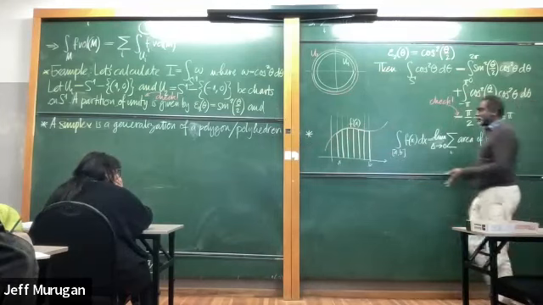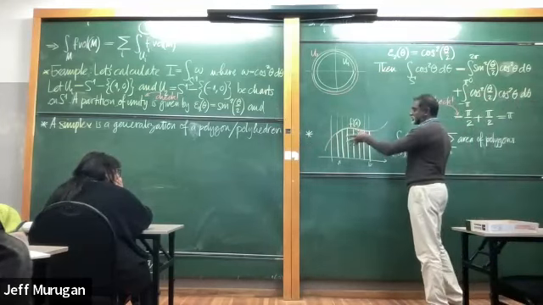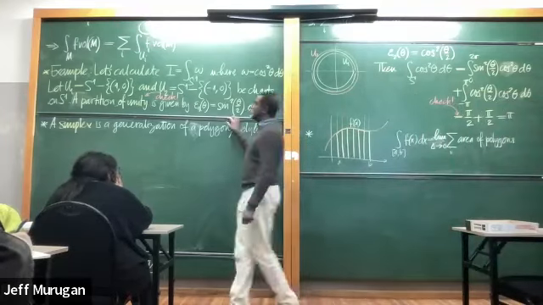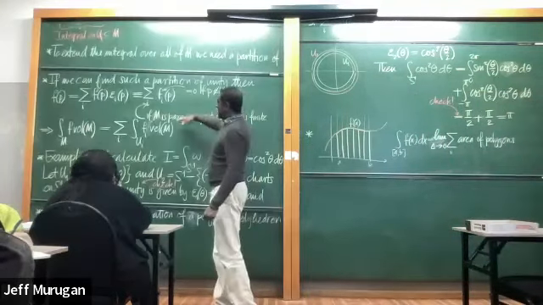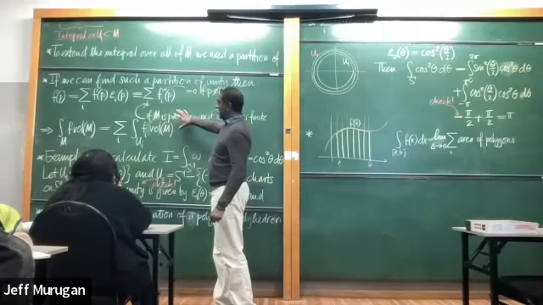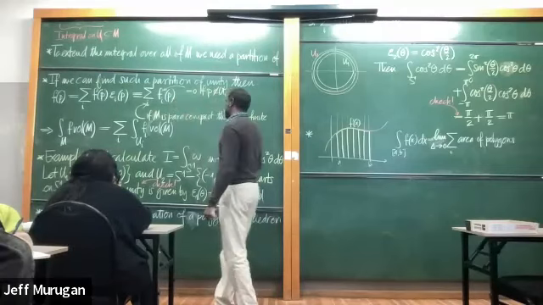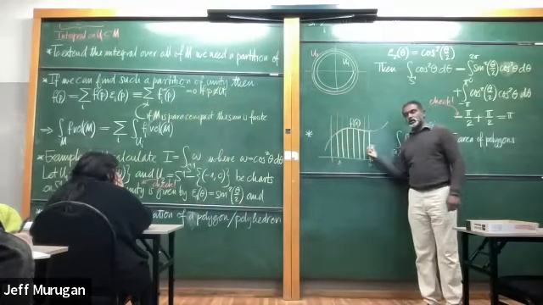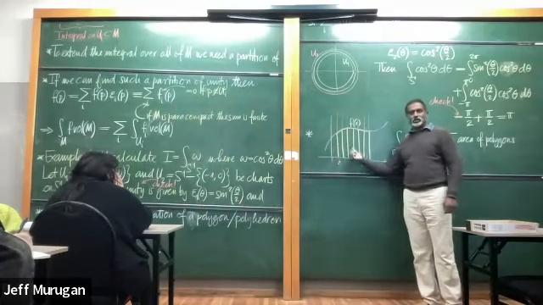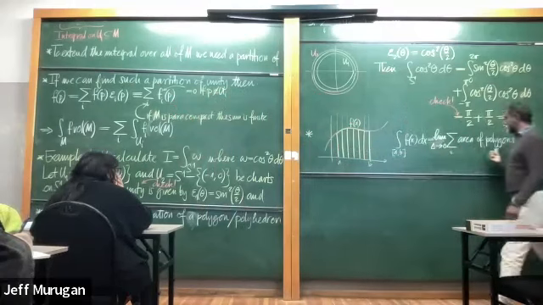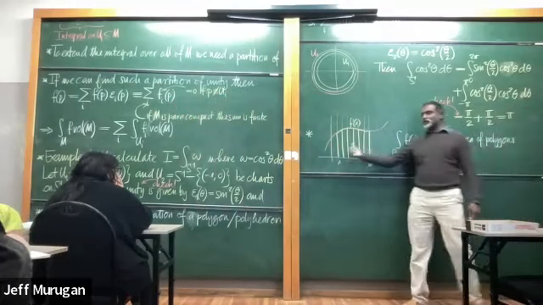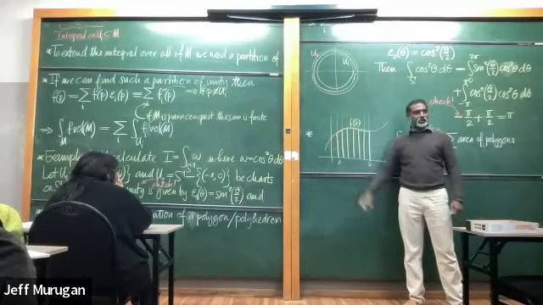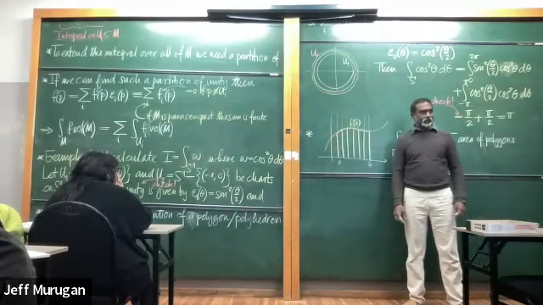I'm going to break it up into basically flat pieces and then use a pullback operation to relate this to integrals over the flat pieces. It's the same thing you did when you calculated the area of the polygons, because you know how to calculate the area of a polygon since it's flat, whereas this guy is curved in some way that you didn't understand at first.